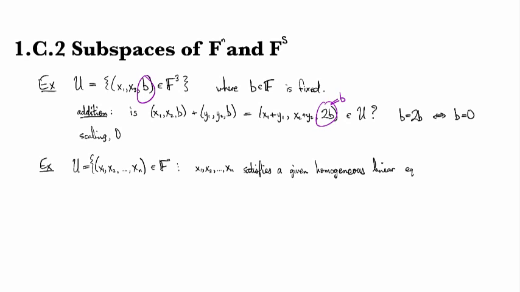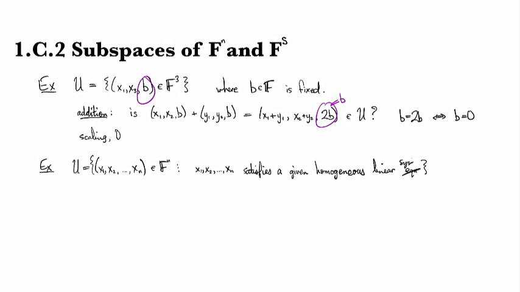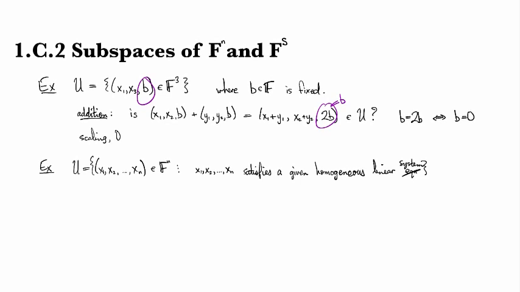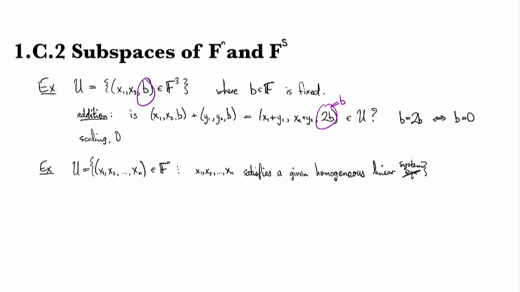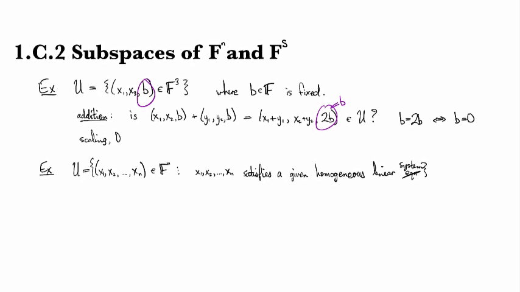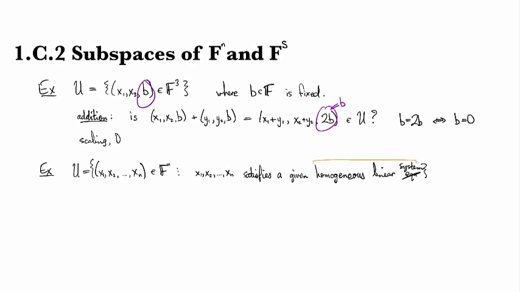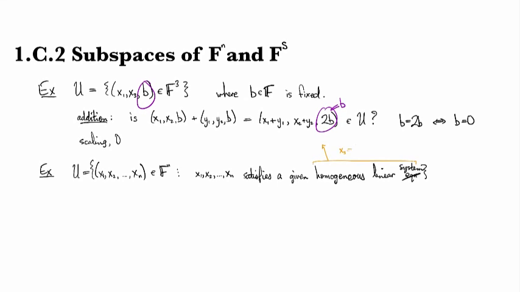In fact, we can replace equation with system of equations. Now this is what we had in the previous case. The homogeneous linear system in general for this example is the one that looks like x3 equals 0.